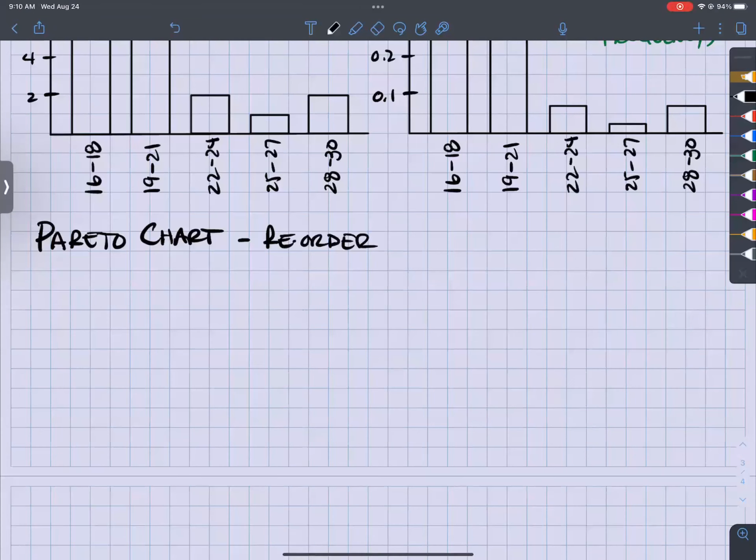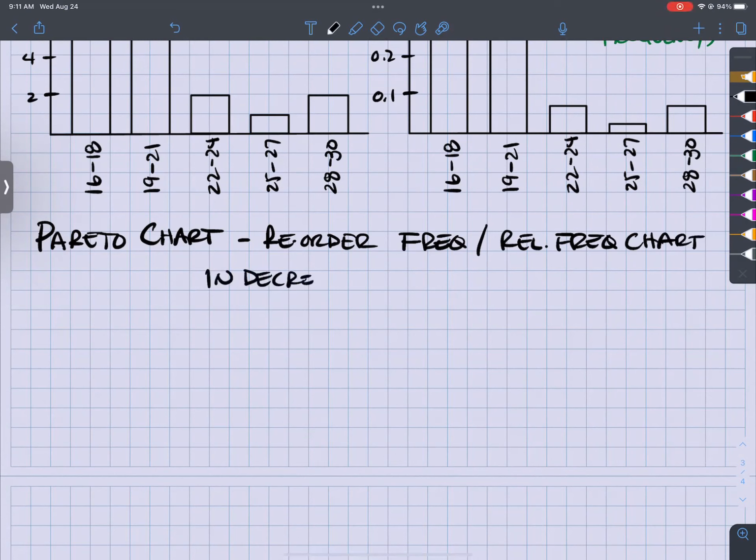Where you reorder. Does that make sense?